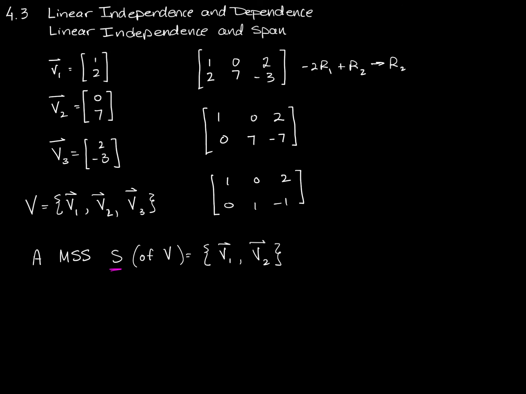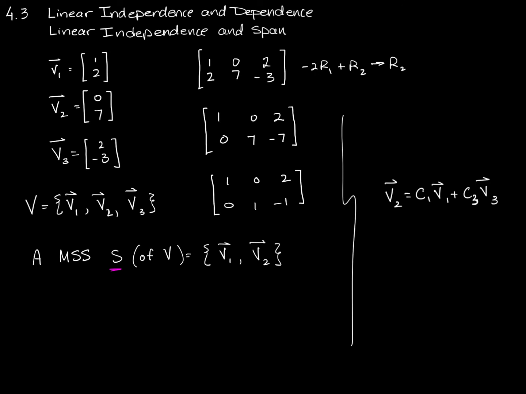As it turns out, V2 is equal to C1 V1 plus C3 V3. I know this because I built V2 that way.